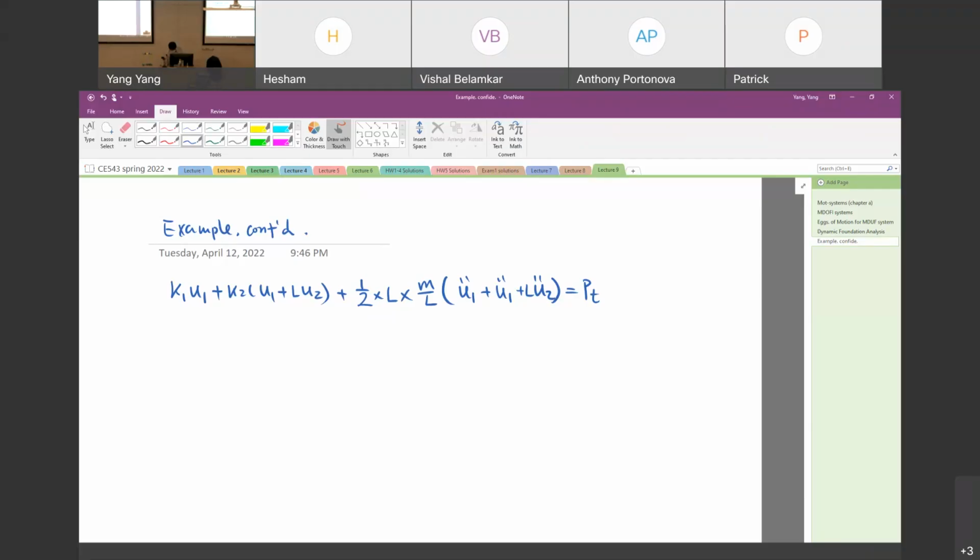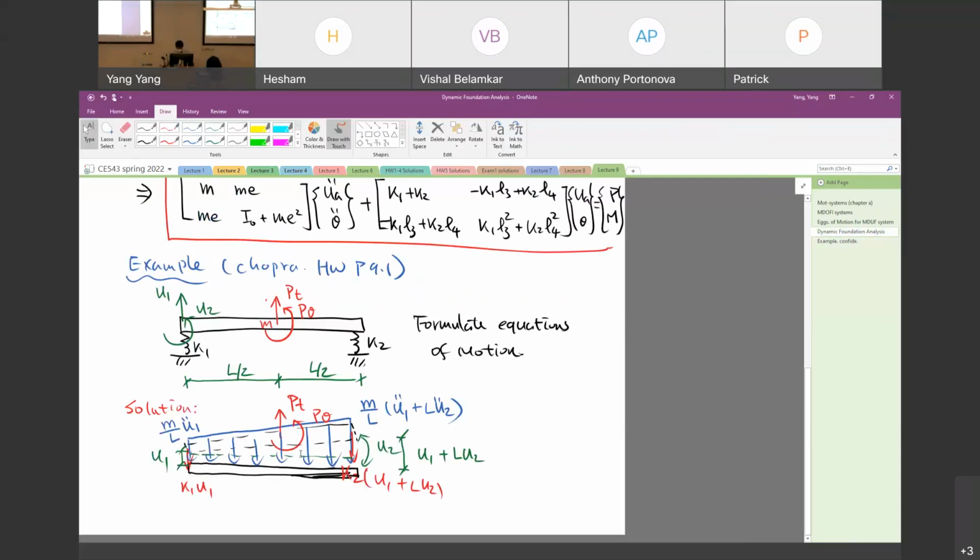And then for the second one, we take the moment about the centroid, the center.